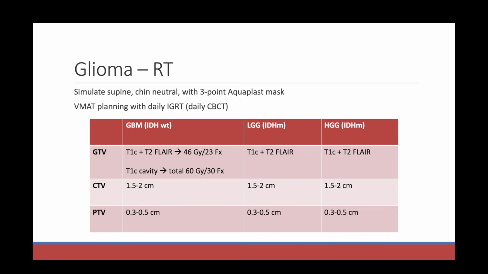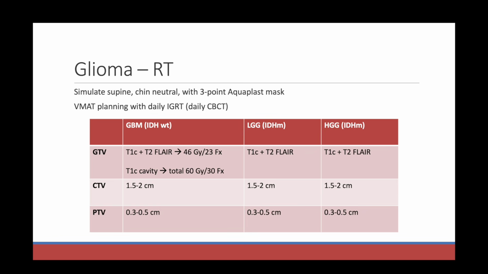And then there will be a sequential boost to just the cavity as seen on a T1 post-contrast weighted MRI. And that will have an additional similar margin of 1.5 to 2 centimeters. And that will be taken to a total of 60 gray in 30 fractions.